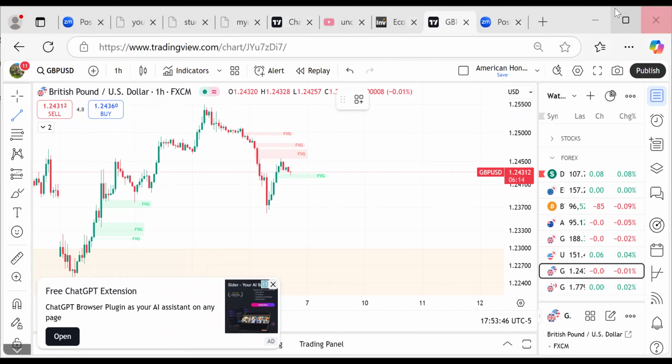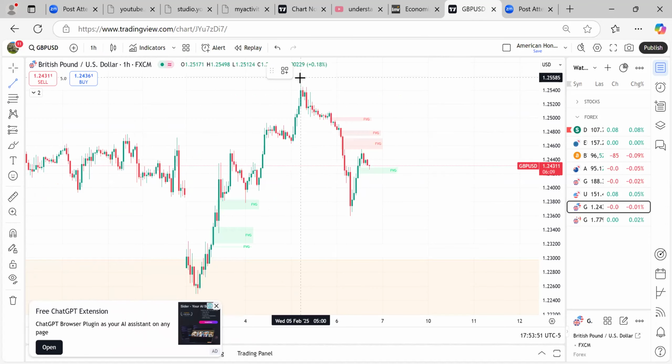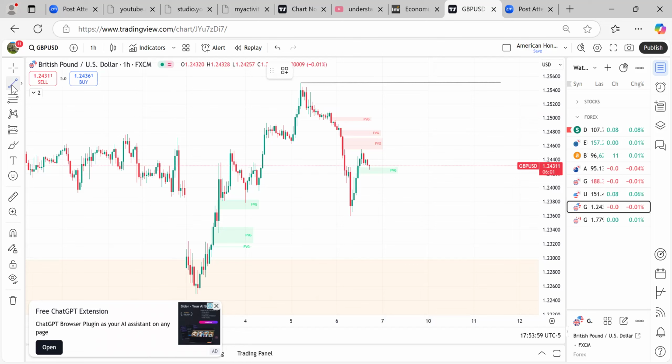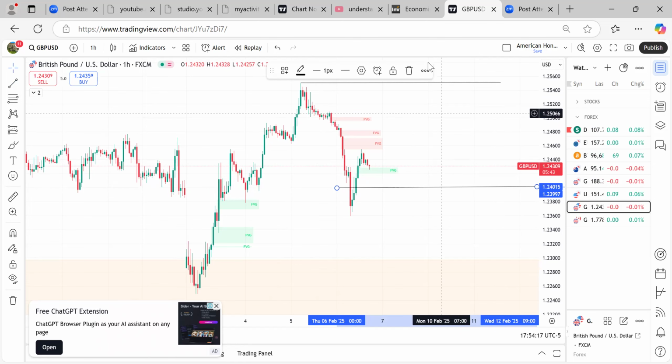Okay, so you can see where price came in from 2,500, and then 2,500 fell all the way to, let's just say, 2,400. So basically, the price did fall.